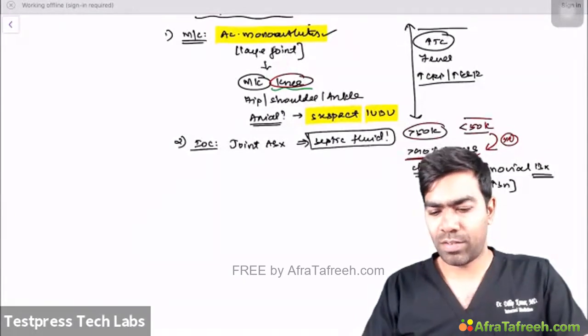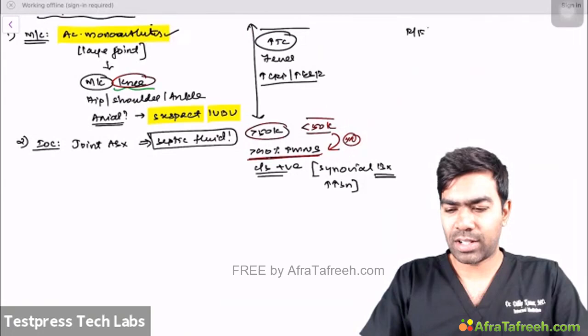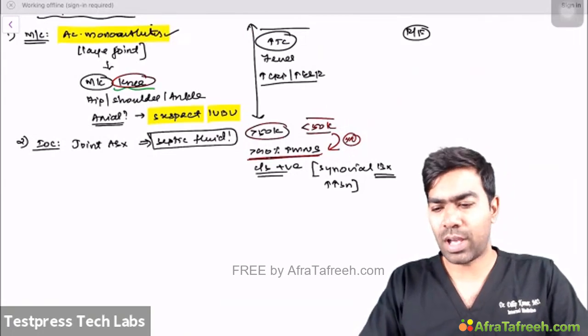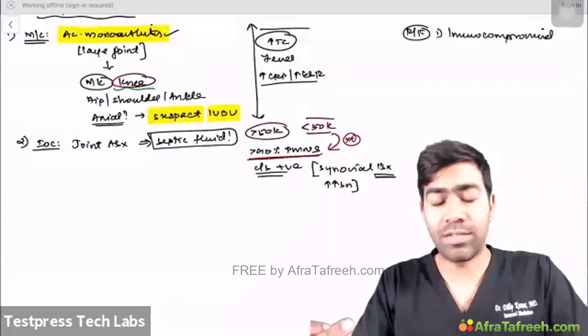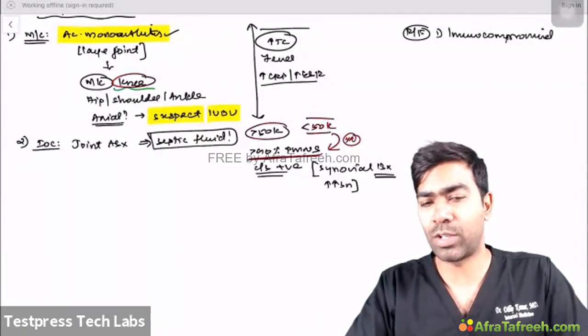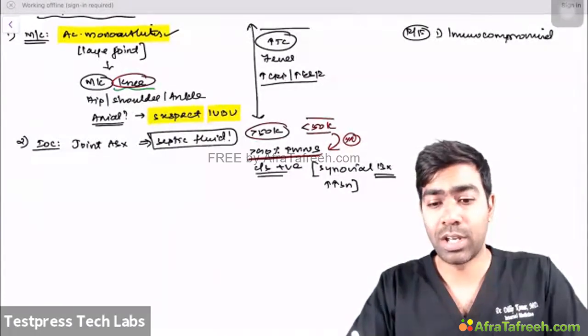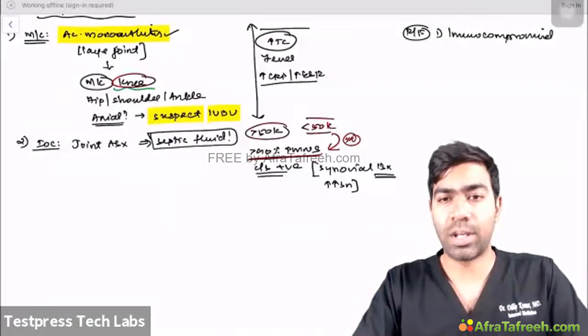And there are a variety of risk factors for getting septic arthritis. As far as the risk factors are concerned, you have any immunocompromised state. For example, a patient having severe uncontrolled diabetes mellitus, connective tissue disorders like systemic lupus erythematosus or rheumatoid arthritis, because SLE and rheumatoid arthritis patients will invariably be immunosuppressed as they use a lot of immunosuppressive agents.